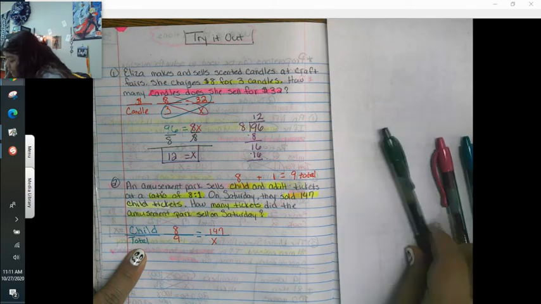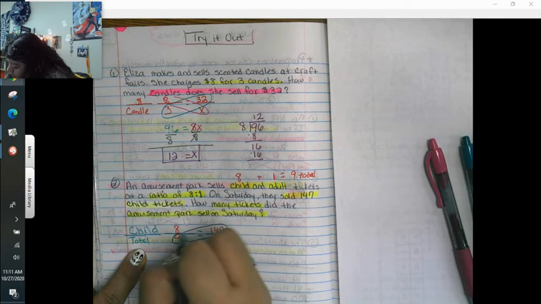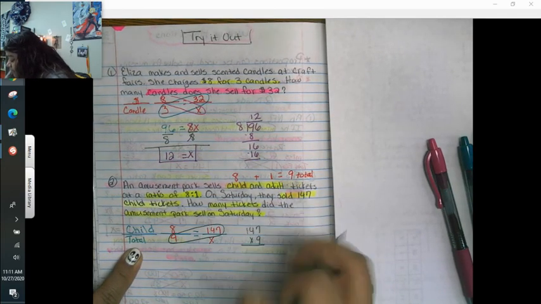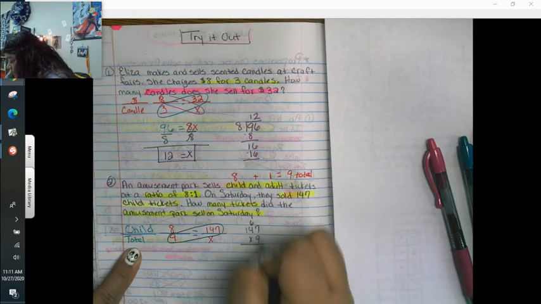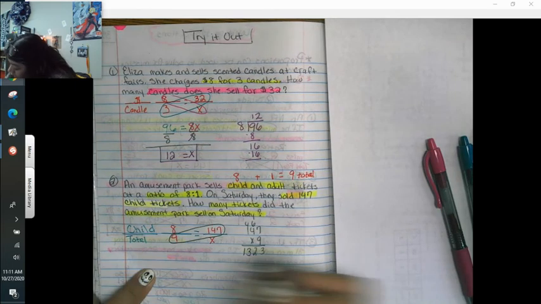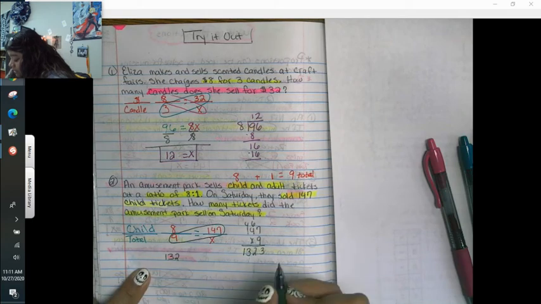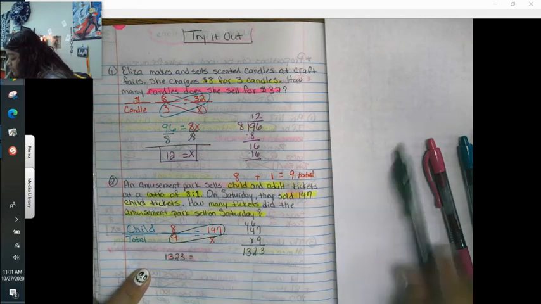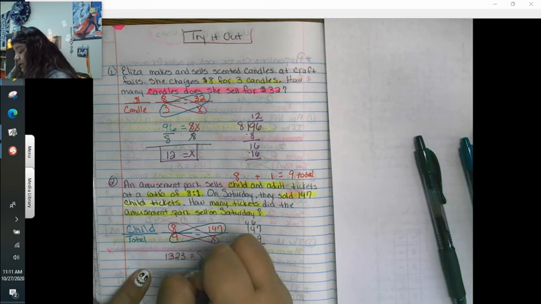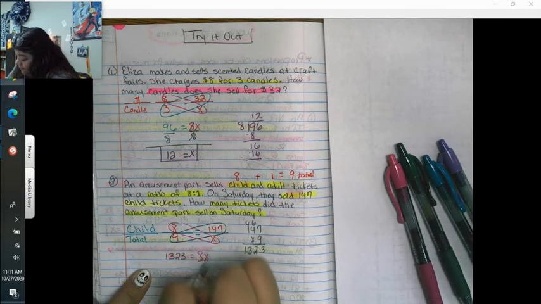So let's do the math. Let's go ahead and we're going to cross multiply 9 times 147. 147 times 9. That's 63, 36, 42, 13. That's 1,323. And then we go in the opposite direction. We have 8x, and that shows me I am dividing by 8.